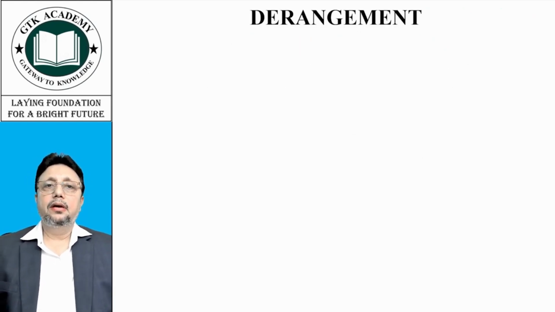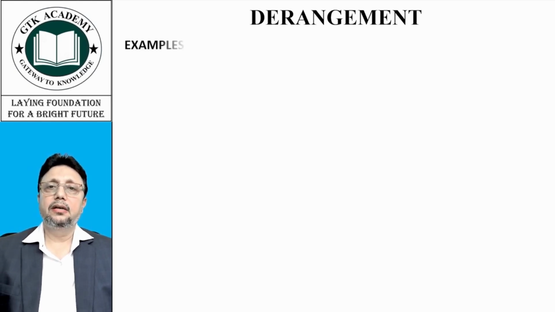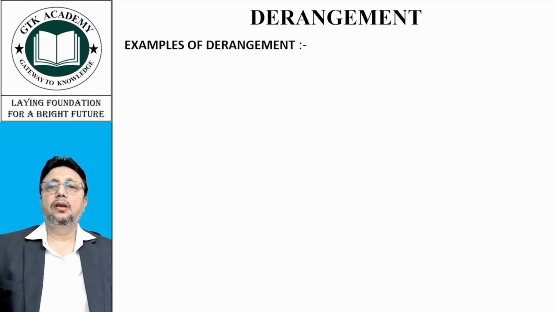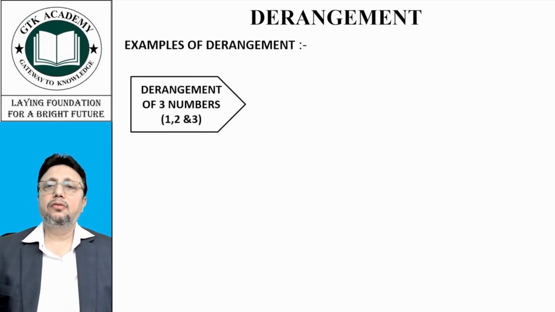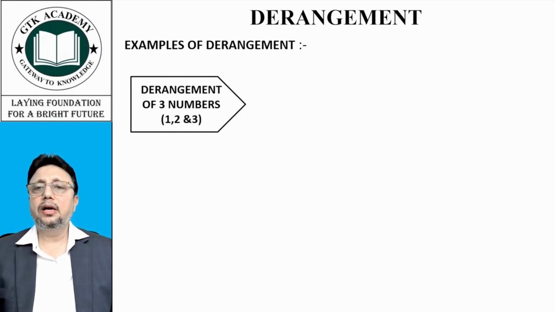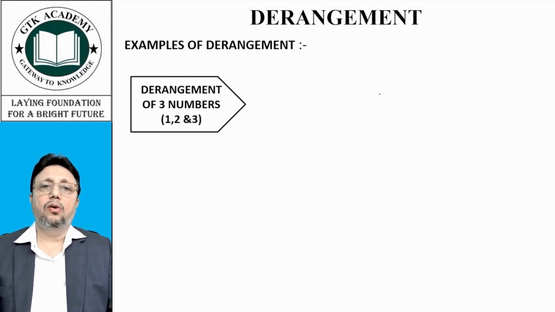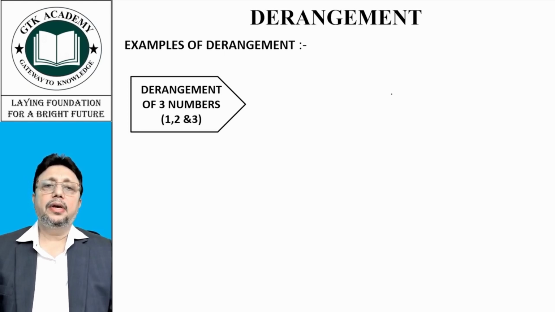Now let me tell you what derangement is mathematically with some examples. For example, if we have 3 numbers 1, 2 and 3, they can be written in correct order as 1, 2 and 3.